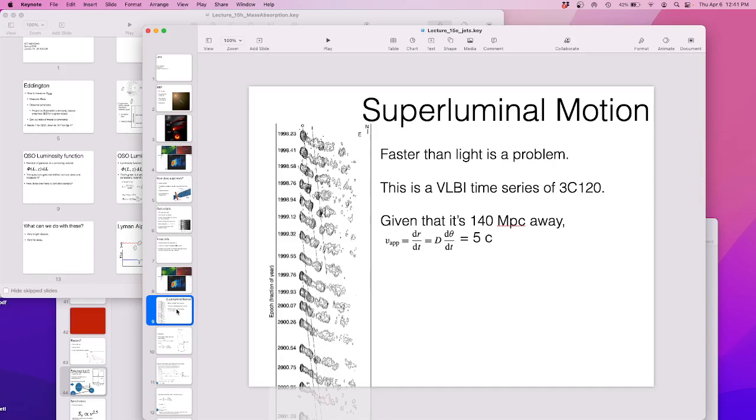This says that because we measured this distance, d, we got it as v over H naught, right? Because we assume cosmology. So this says that that distance is way wrong. Or it says that you didn't do the special relativity correctly, which is actually what it says. The reason that people talked about this is because it was a huge ding on the expanding universe, because we had these jets that were clearly going faster than the speed of light.